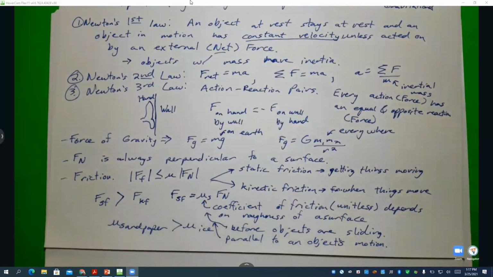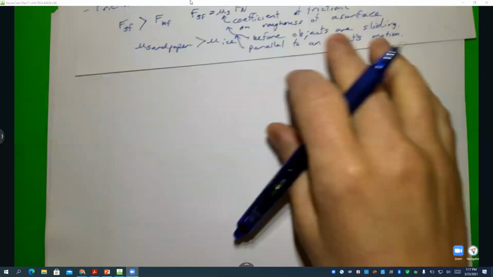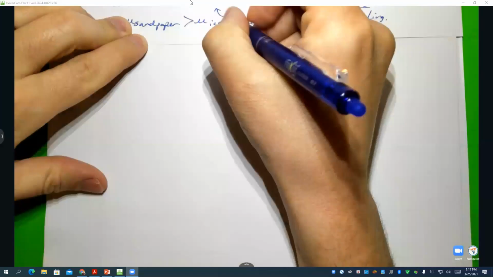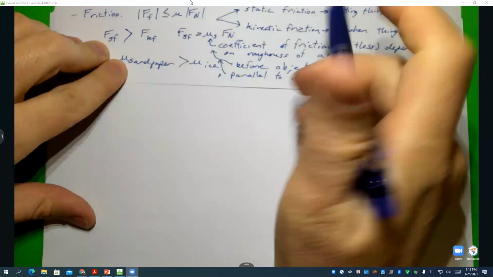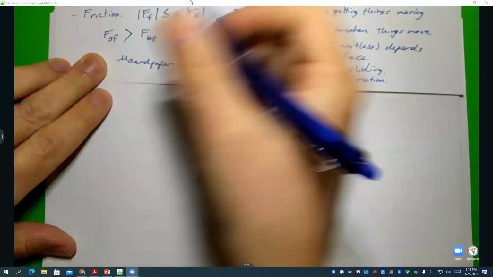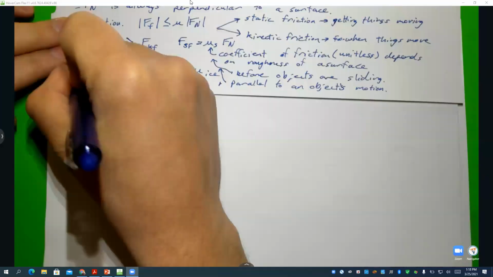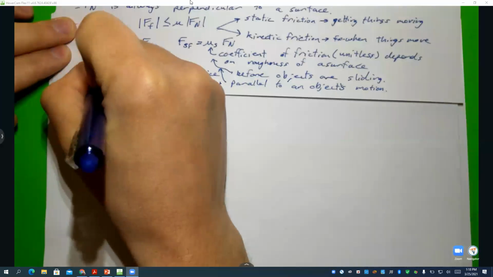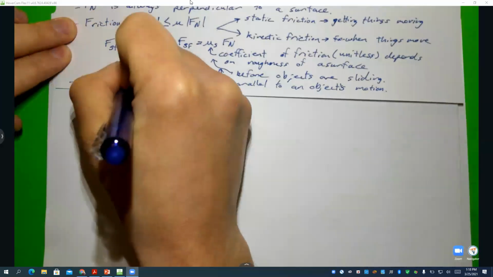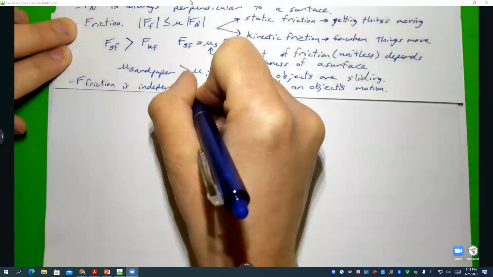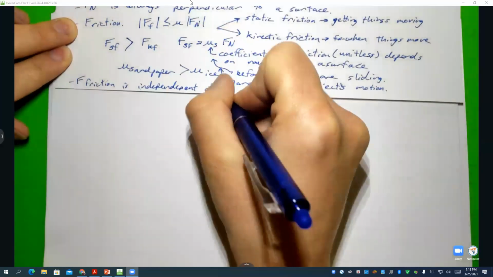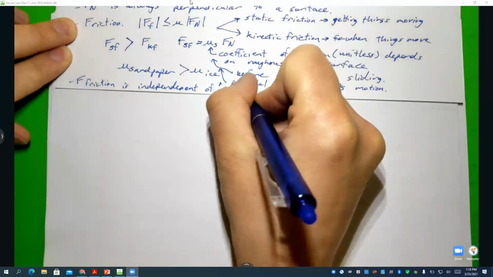I guess maybe one, I keep saying that's the last thing. It is independent. I'll write this right here. Force of friction is independent of surface area.